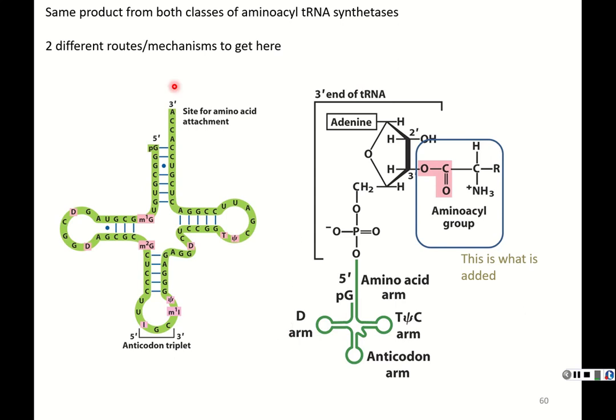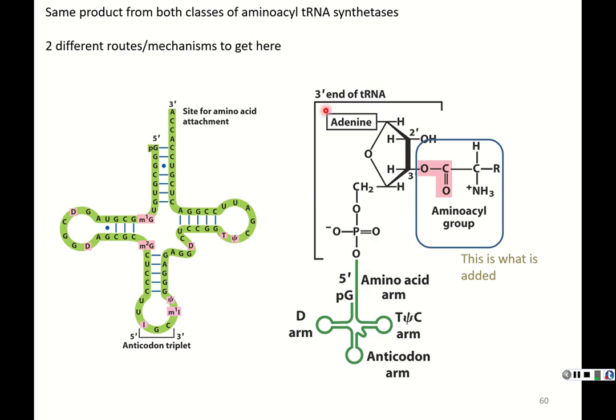Okay. You get the same product from both classes of these amino-acyl tRNA synthetases. So it doesn't matter which class of enzyme your amino acid uses, the end product's going to be the same. And again, that end product is attached to that last 3' A nucleotide in the tRNA.